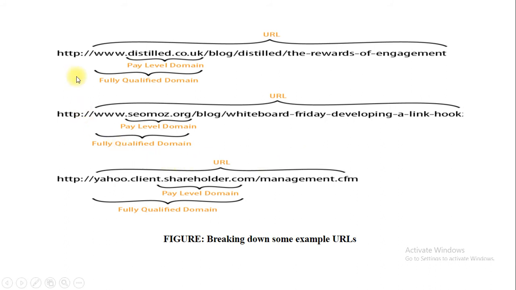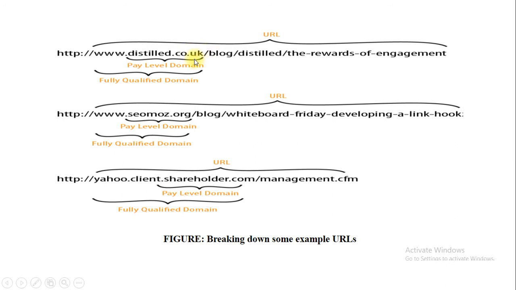So let us refer to the first URL, http://www.distil-ed.co.uk/blog/distil-ed/the-rewards-of-engagement. Remember one thing, that this particular URL is associated with the United Kingdom.